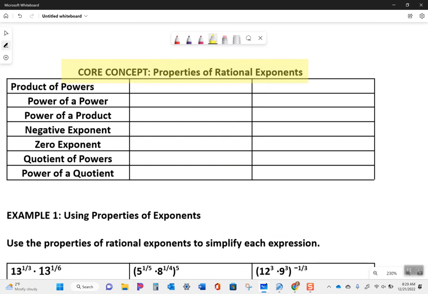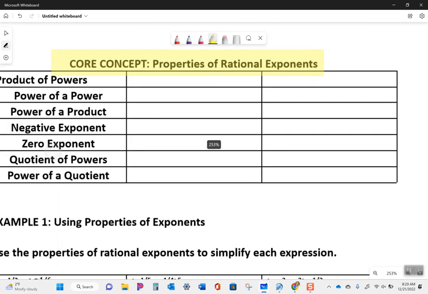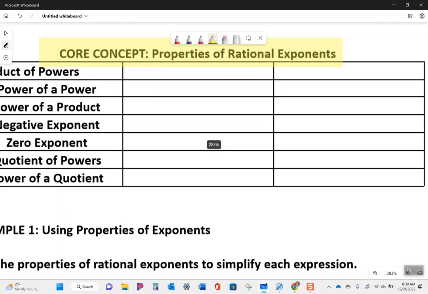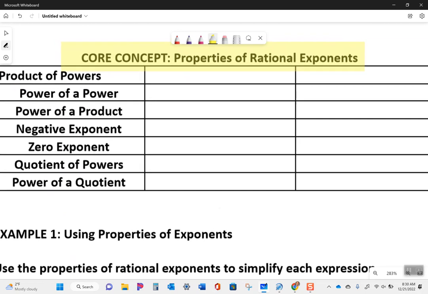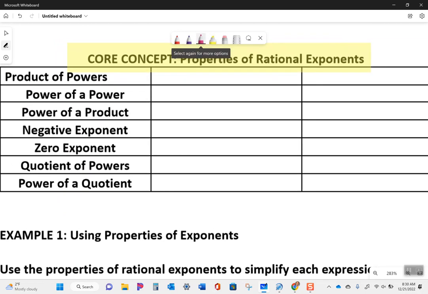All right. Guys, the first one I have up here is product of powers. I'm going to kind of put your rule down in the middle column there. And we'll put an example next to it. So this first one right here says the following. If I have a to the m power times a to the n power like this becomes, okay, you guys agree product means multiplication, don't you?